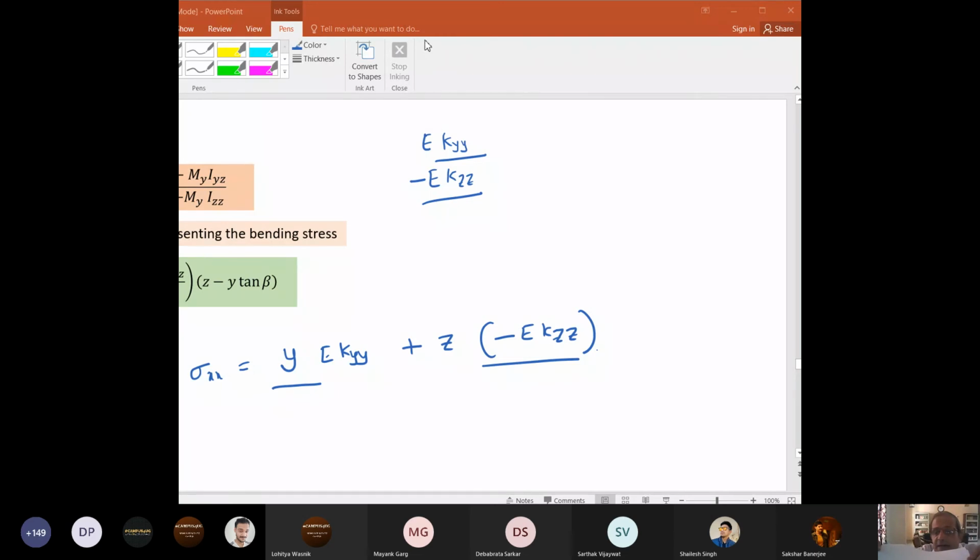But in unsymmetrical bending, it will bend about this and it will bend like this also. This way it will bend, and sideways also it will bend.